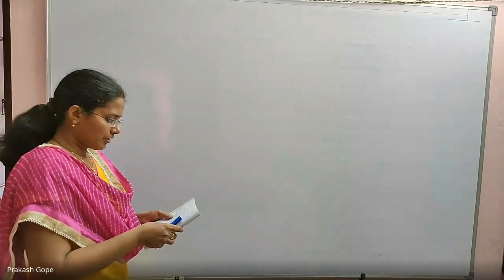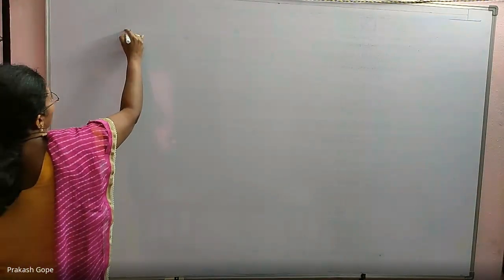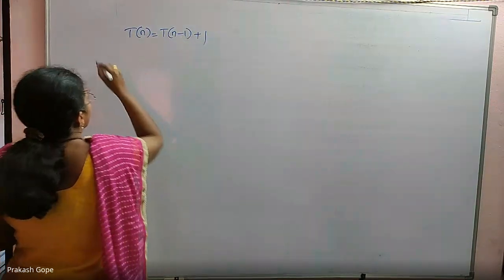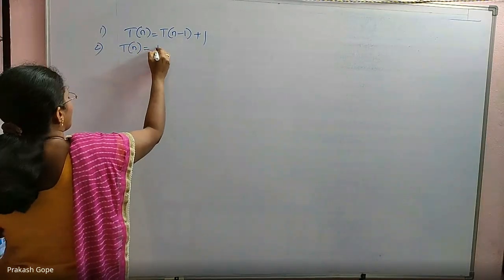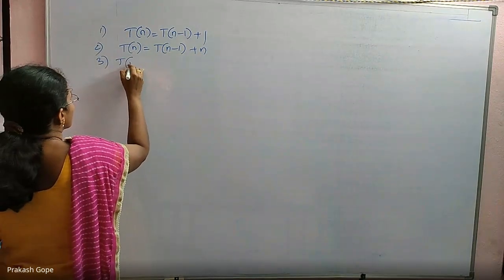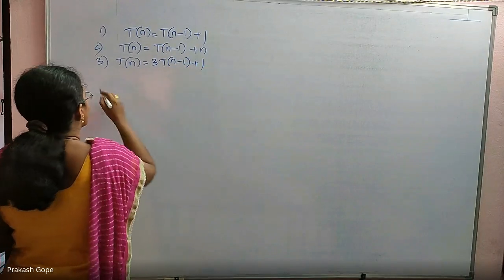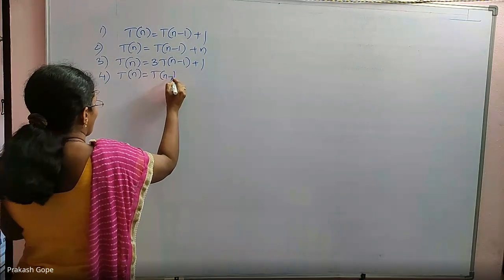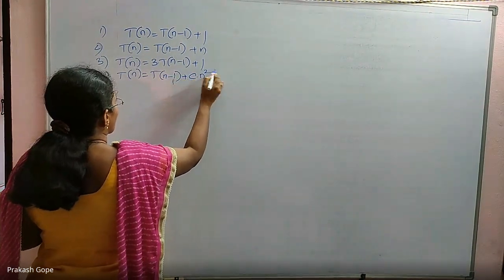I'm writing different recurrence relations. T of n is equal to T of n minus 1 plus 1. First one. T of n is equal to T of n minus 1 plus n. T of n is equal to 3 into T of n minus 1 plus 1. T of n is equal to T of n minus 1 plus C into n square.